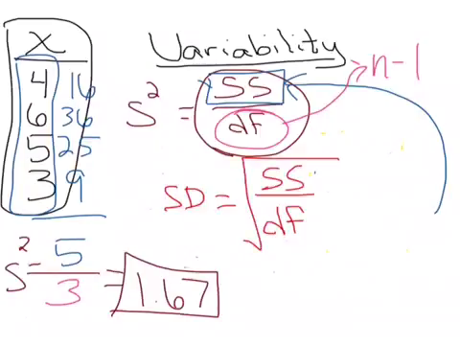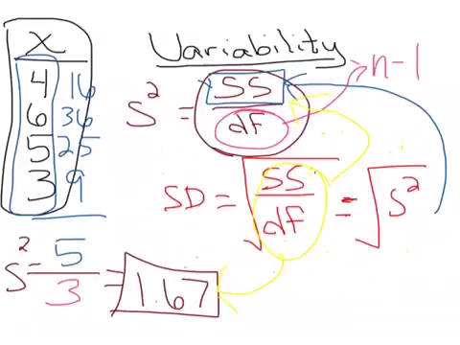Okay? So if we really look at this equation, all of this is the same thing as this. So if you do all of this on the same data set, you should get basically this, but without the square root. So if we look back, standard deviation also equals the square root of variance.